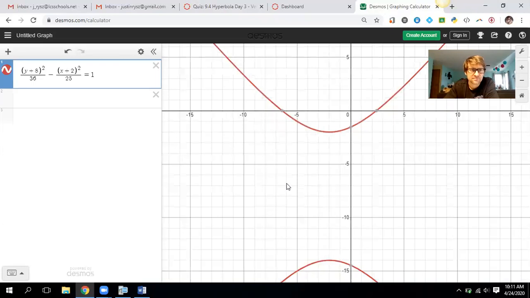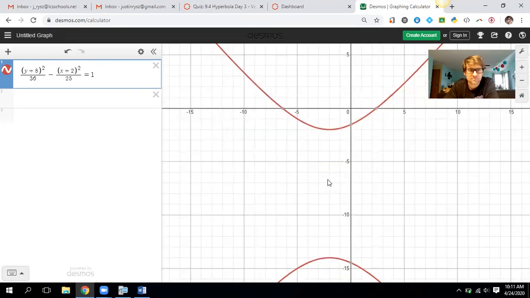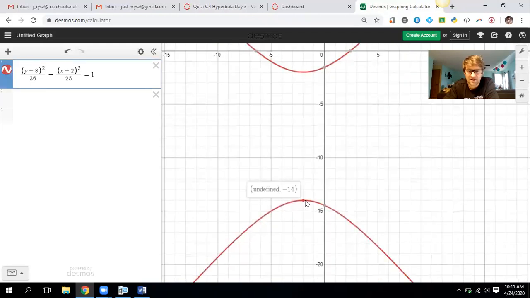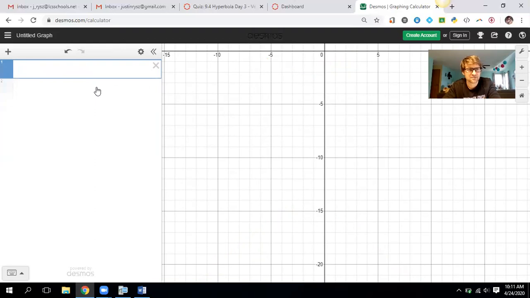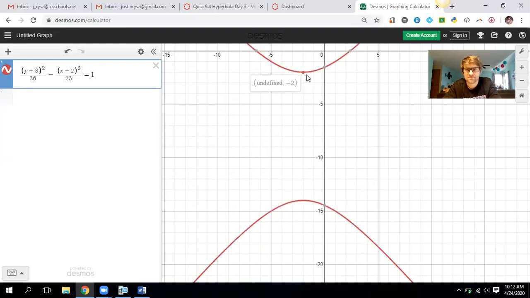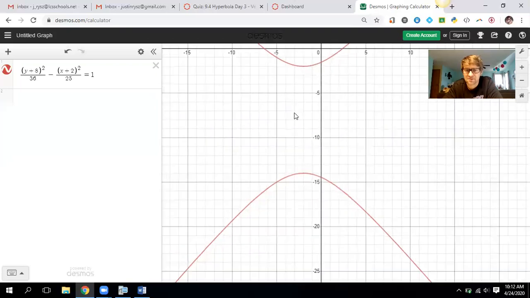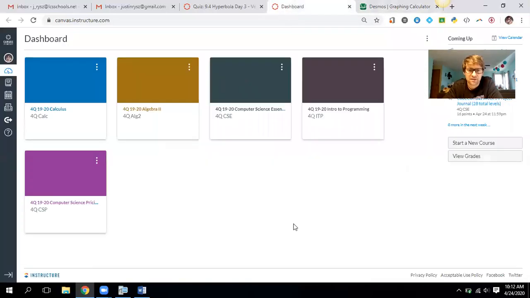Undefined. That's really weird. This is undefined. Does it say undefined there too? Yeah, that should work. That should be negative 2, negative 14. Negative 2, negative 2. Must be just typing it in. I don't know why, but okay, those are the answers though. Negative 2 and 2. So, all right, check.